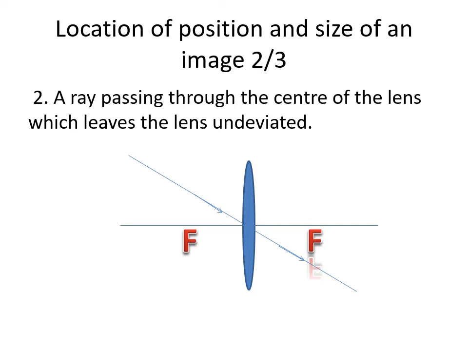It means there's a ray that passes through and doesn't deviate. You can see on the ray diagram on the board where the ray passes through the lens undeviated.